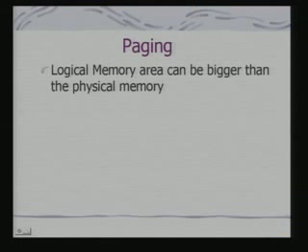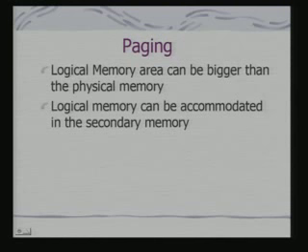The next way to implement virtual memory is by the use of what is called paging. Now, the core concept is that the logical memory area can be bigger than the physical memory. In fact, this is one of the motivations with which we started on the concept of virtual memory.